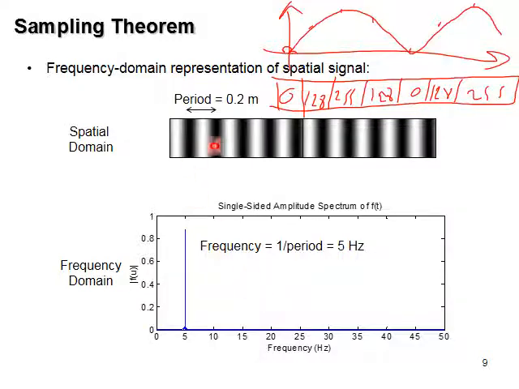They are also applicable when we have something that varies with space, like pixels in an image. In that case, they are varying with distance, space, like here the period is in meters, you're measuring it in meters. So regardless of if it's represented with respect to time, or represented with respect to distance or space, it's the same thing. The concept of frequency holds as well.